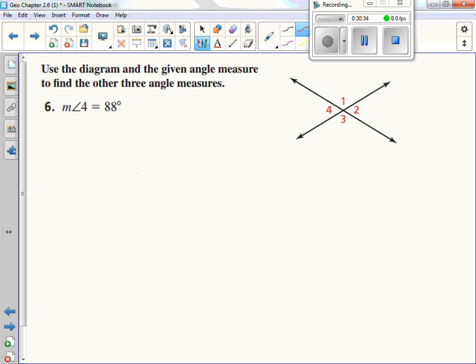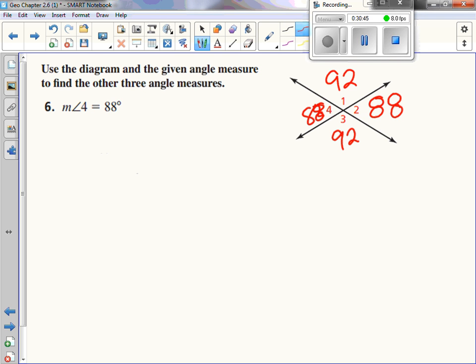So if we were to work it out, angle 2 would be 88, and angle 3 would be 92. If we calculated it out, it should be 92. I'm just going to go on and give you those there, because I feel like y'all are comfortable with this here. Yes? Okay.